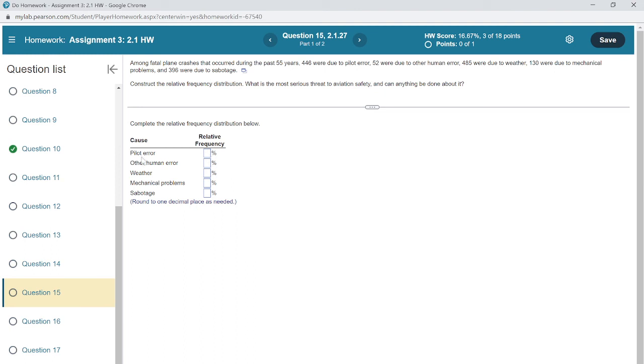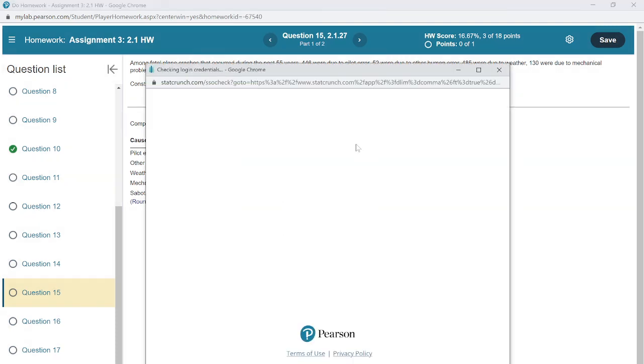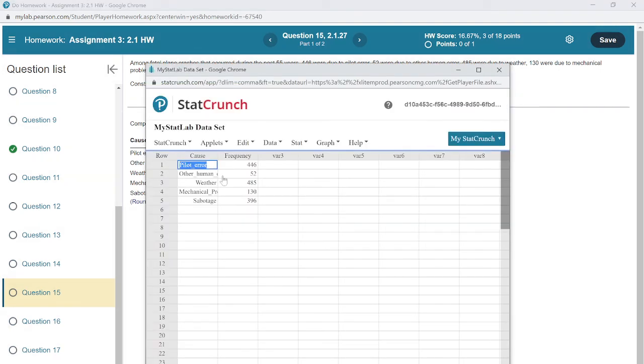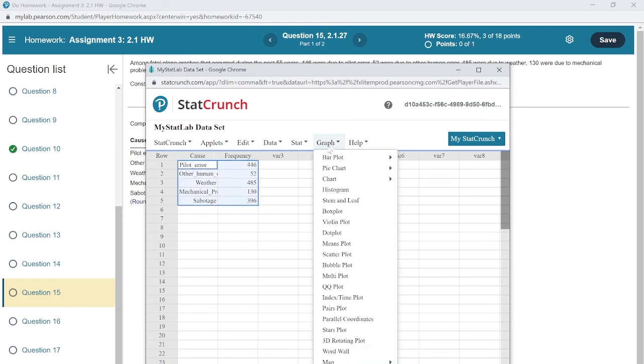That will give you the percentage. I'm going to use StatCrunch here and copy my data. Okay, I can't use the formula, so I'm just going to use this graphing thing.